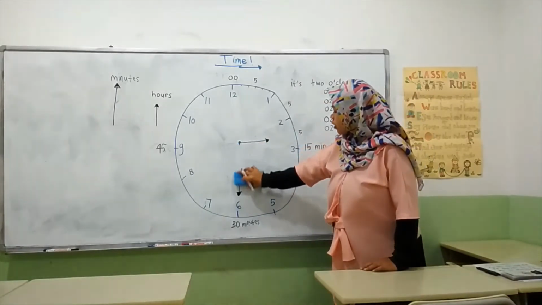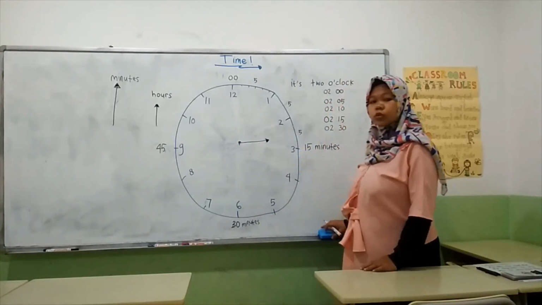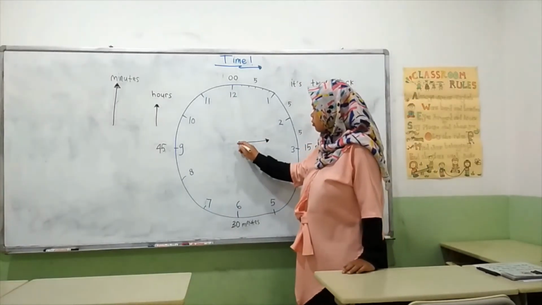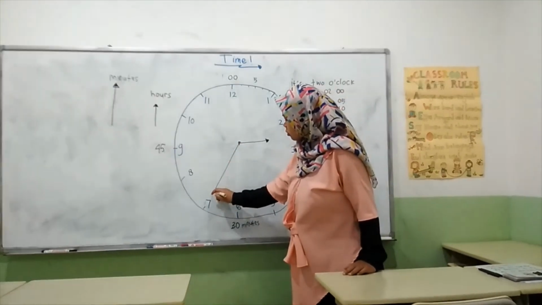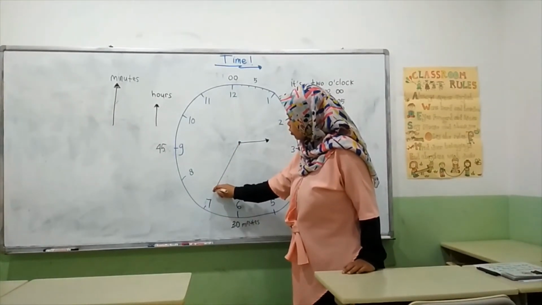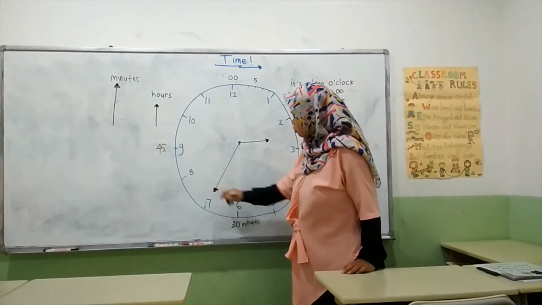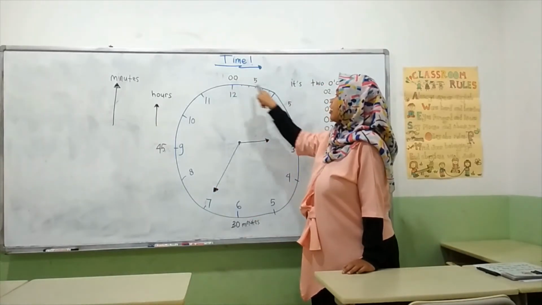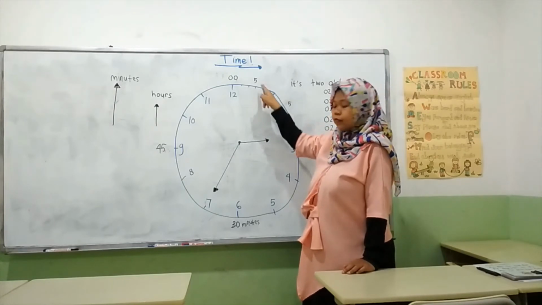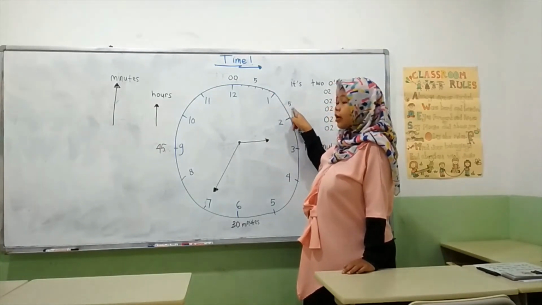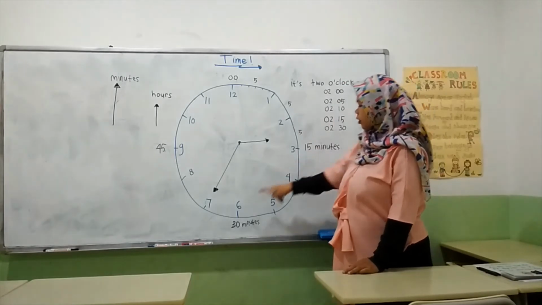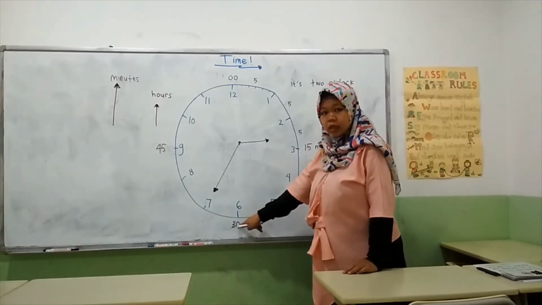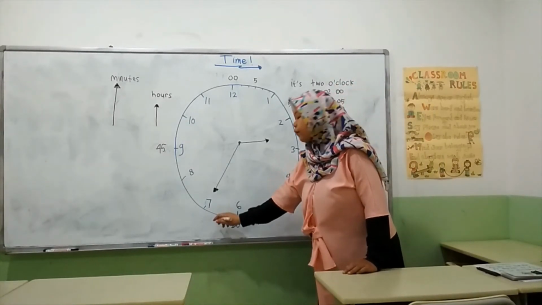What if the long arrow goes to 7? Just add 5 minutes. Remember that each number has 5. If it's 30, just add 5.